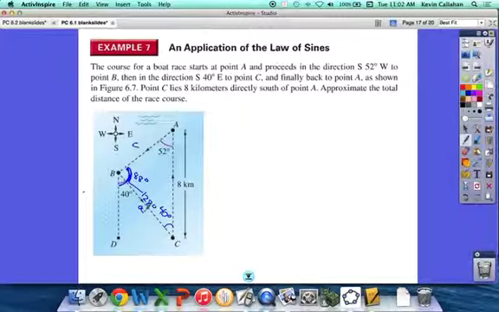We'll have to take two steps, but we can find that. So the side A will be A over the sine of 52 equals, and we have to pick this one, 8 over the sine of 88. So A equals 8 sine 52 divided by the sine of 88.